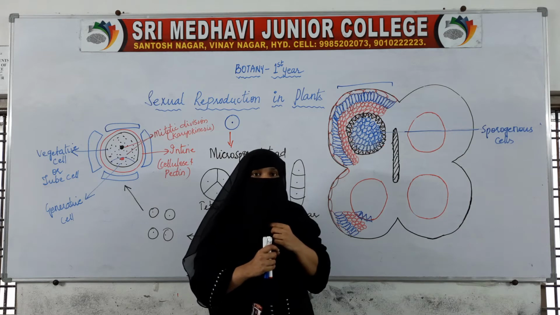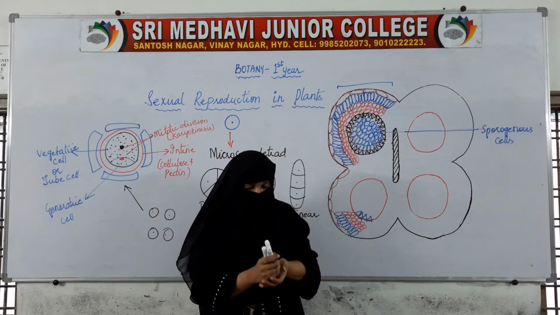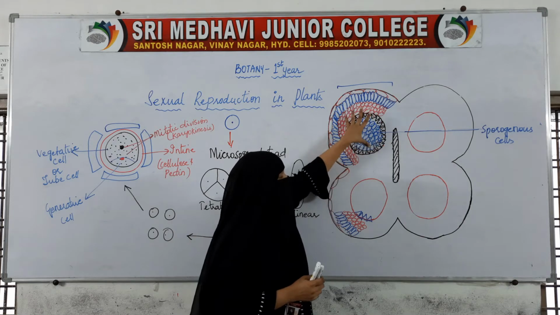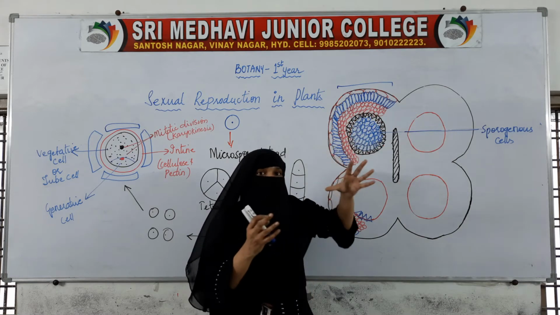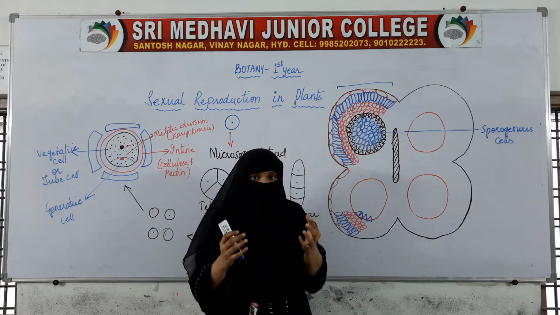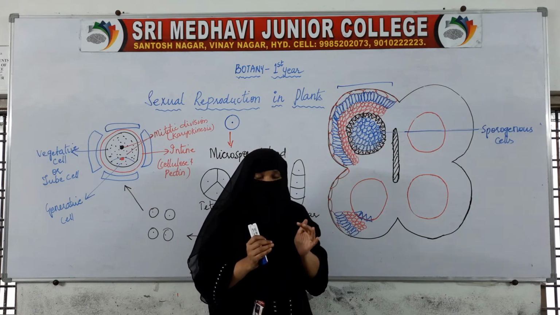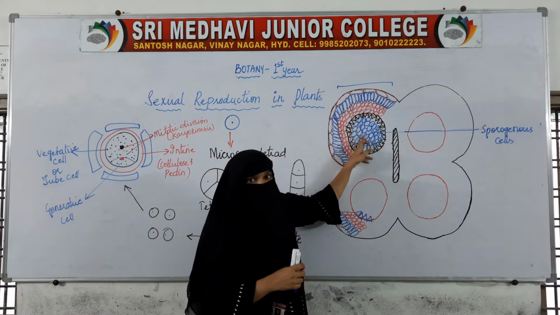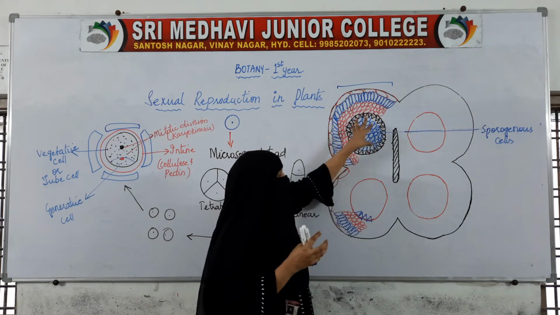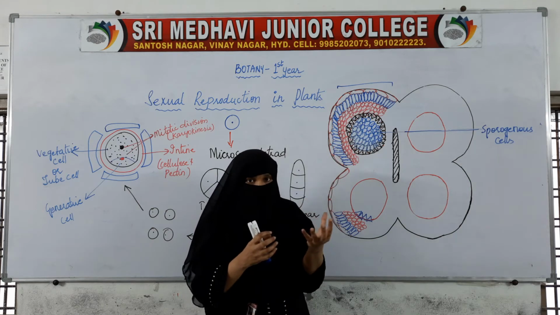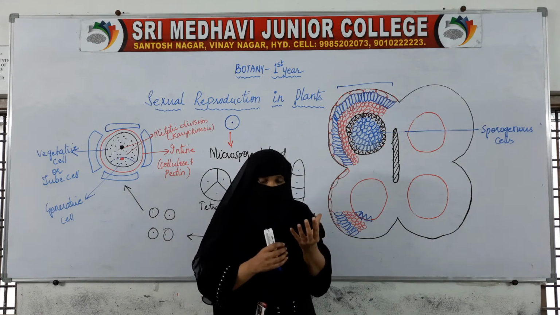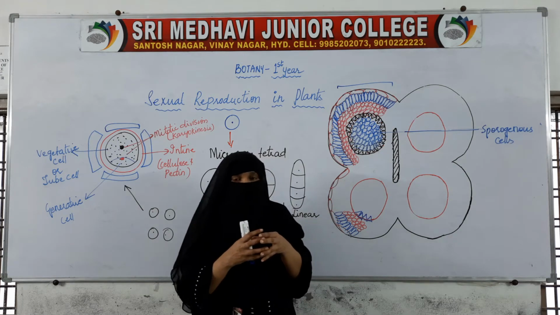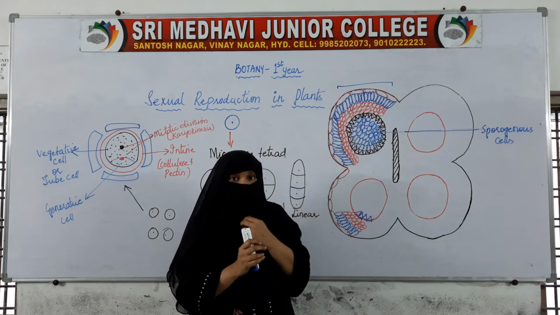When the sac becomes bigger, there will be more space. Earlier the microsporangium was very small, so there was less space, and all the cells were compactly arranged without any spaces.